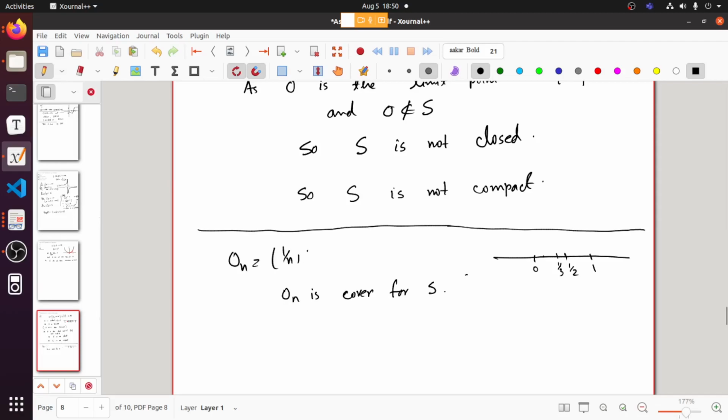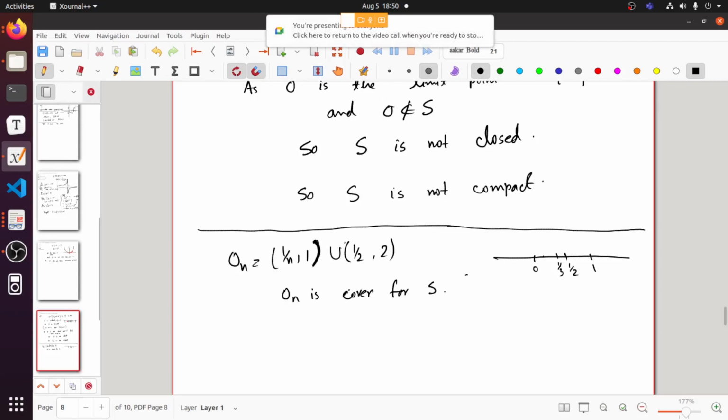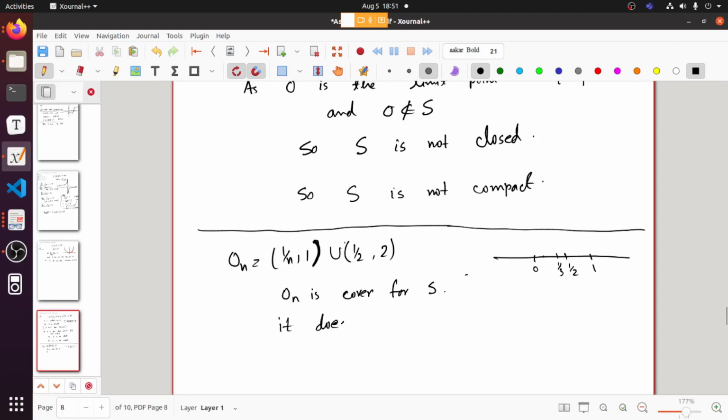Take 1 by n comma 1, this cover, union 1, right? And take the other cover half comma 2. This is an open cover of S, right? Does it have a finite subcover? If it is finite, then some 1 by n will always remain in S that you cannot cover. So it does not have a finite subcover.